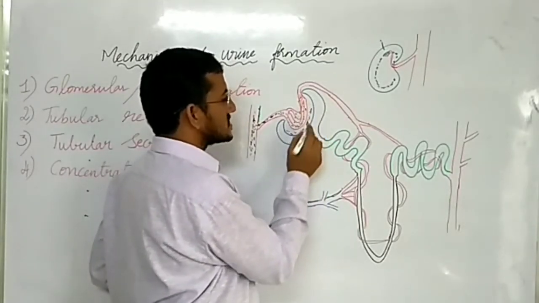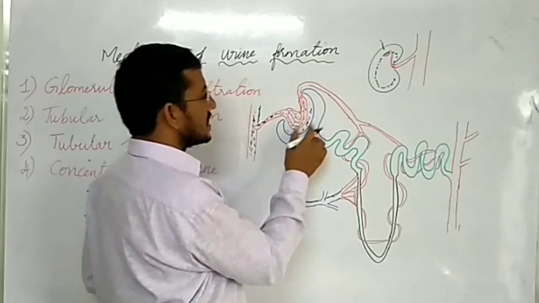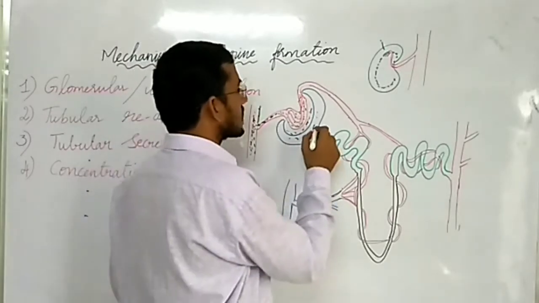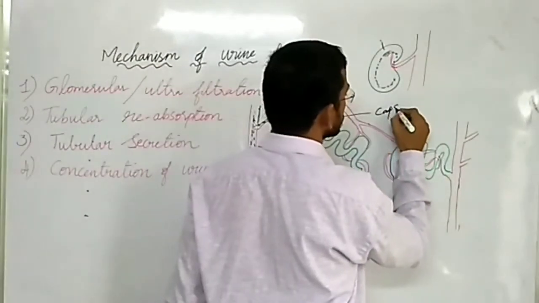From Bowman's capsule it enters the capsular space. This region is called the capsular space.